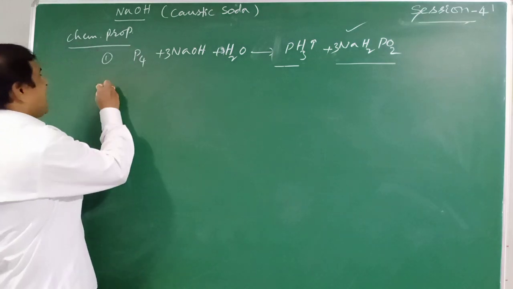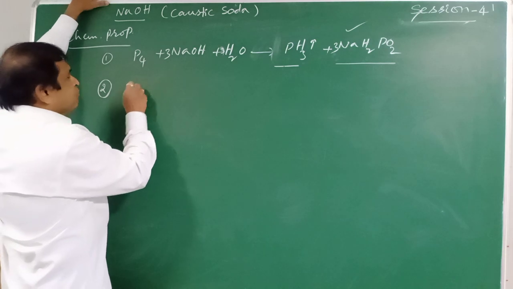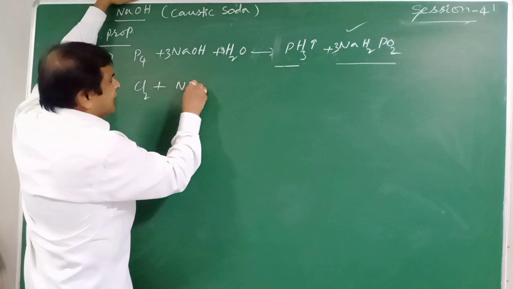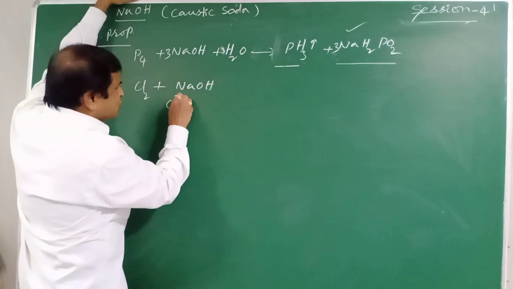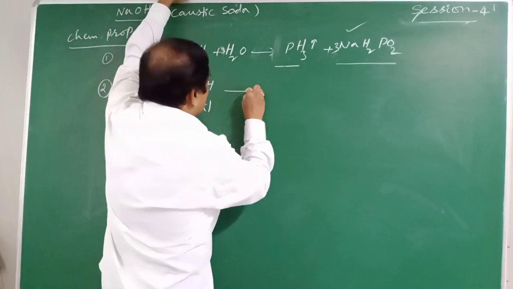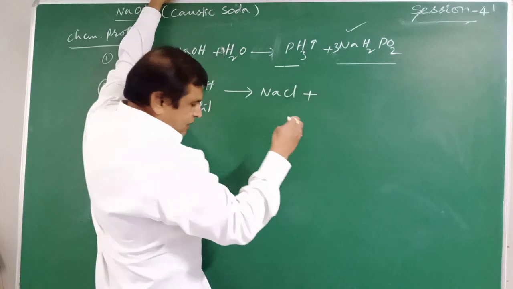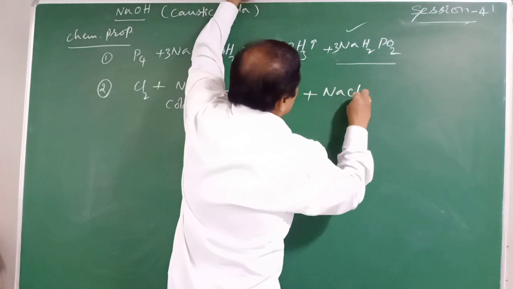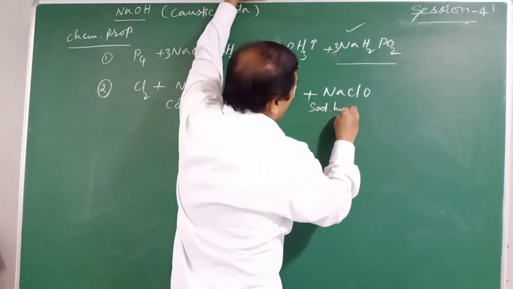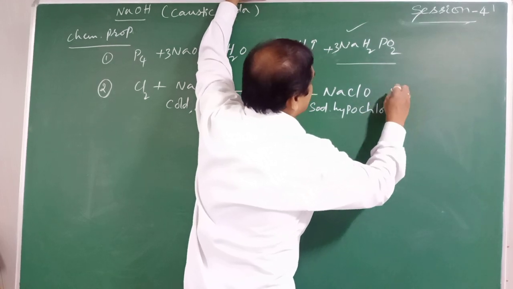Next, reaction with halogens. It is a very important reaction. When chlorine reacts with cold and dilute sodium hydroxide solution, it forms sodium chloride NaCl plus NaClO, sodium hypochlorite, and water.